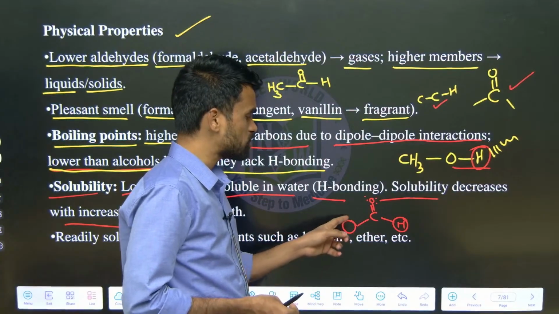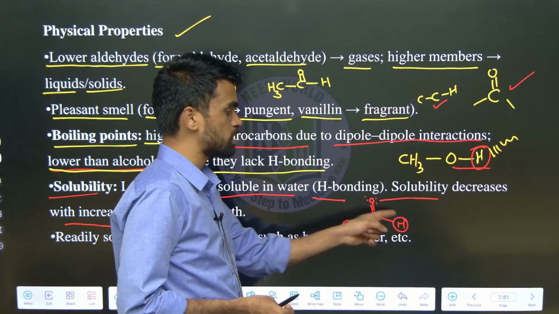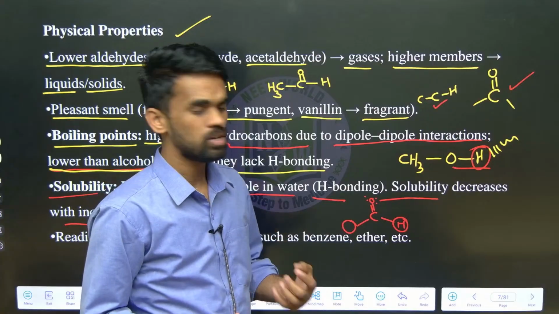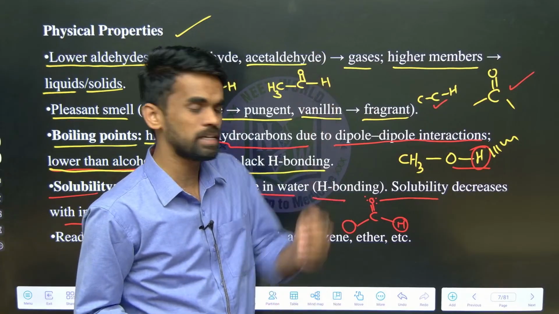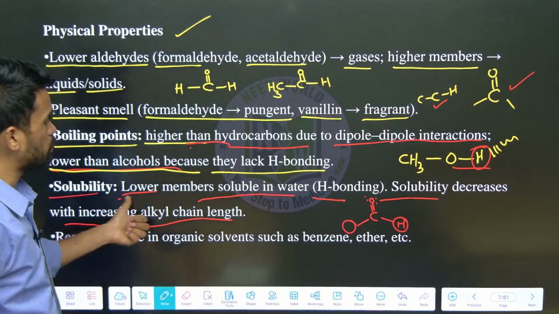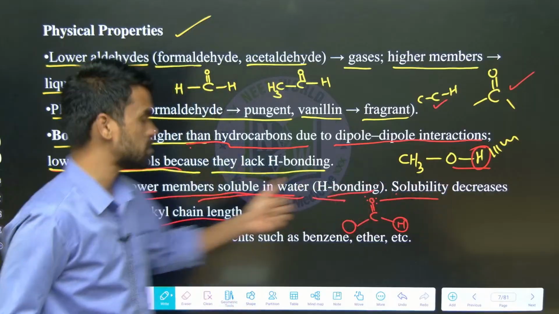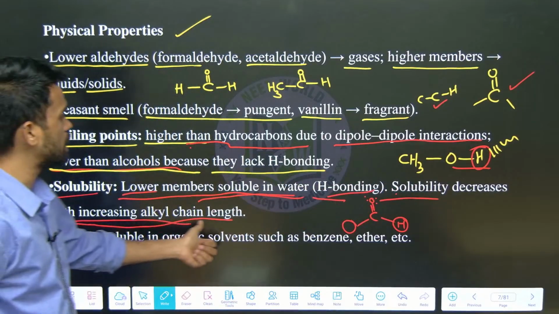But as we increase the alkyl chain size, what happens? Hydrophobic nature increases, so due to that reason the solubility decreases. So lower members are soluble in water due to hydrogen bonding, but solubility decreases upon increasing the alkyl chain length.